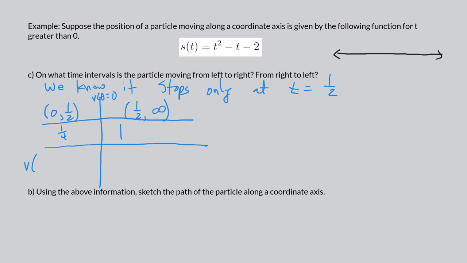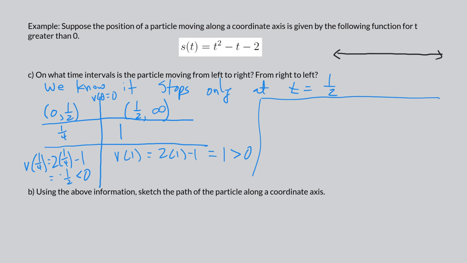So v of 1/4 will be 2 times 1/4 minus 1. Well, that's equal to negative 1/2, which is less than 0, which means the particle is moving to the left. And when the time is 1, v of 1 is equal to 2 times 1 minus 1. That's equal to 1, which is greater than 0, which means the particle will be moving to the right.